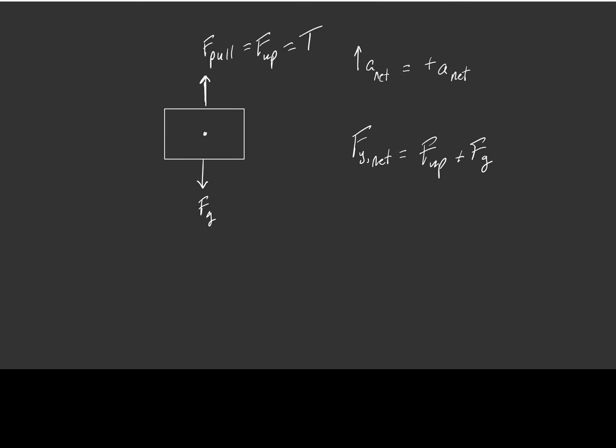We know that our acceleration along the x-axis is 0.0 meters per second squared since it's not moving in that direction, and that lets us know that the net force along the x-axis also has to equal 0. Okay, so that's everything that we know just from the basic concept of looking at this particular problem, just the concept of it only moving upwards. How would we resolve those pair of forces based on what we know with motion?